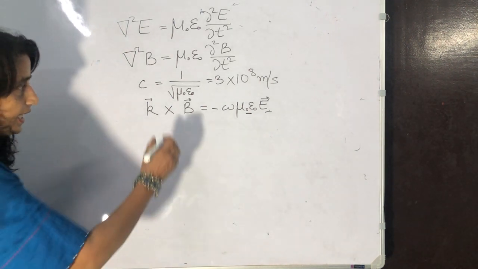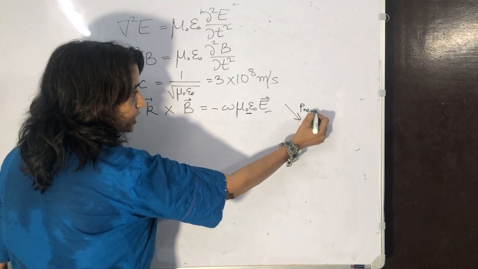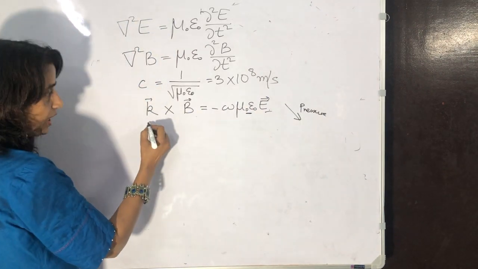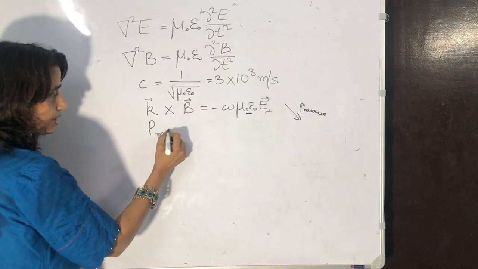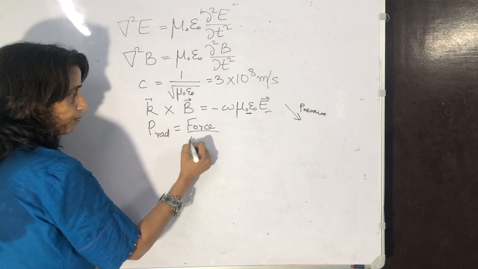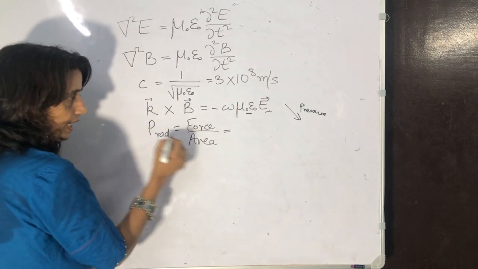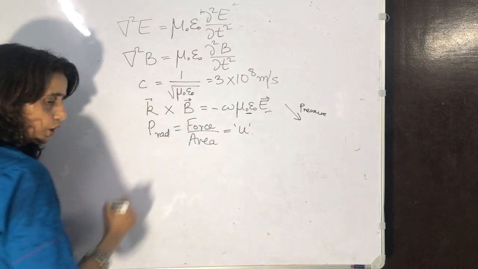One more thing. An electromagnetic wave exerts pressure on whichever surface it falls. And we know that the radiation pressure exerted, equal to force upon area for any EM wave that is falling, is given by u.